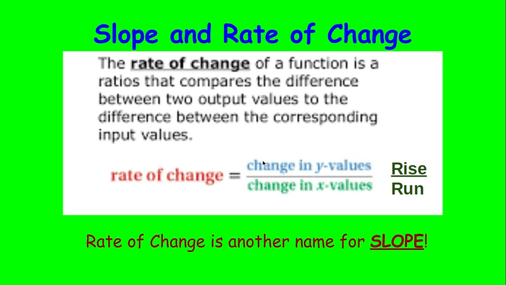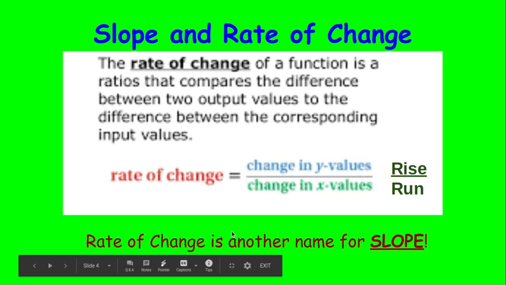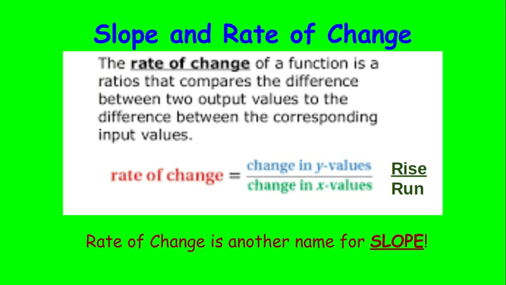So your rate of change is your change in the y values over the change in your x values. Better said, y2 minus y1 over x2 minus x1, or rise over run. So when you're finding a rate of change, you're really finding the slope, and we've worked endless hours on that this school year, so we should be very good at this.